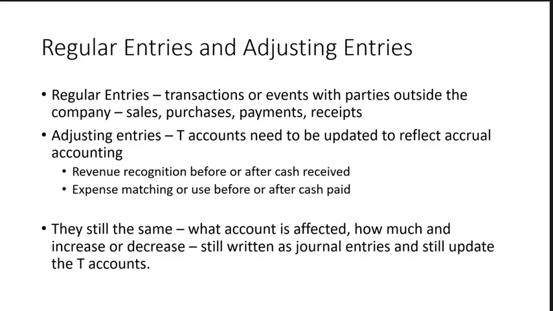And the same thing on expense. If you use or match the expense before or after the cash is paid, then there may need to be an adjusting entry if there's not a transaction to indicate it. Okay, so everything else about the journal entries is the same, and they still update the T accounts.